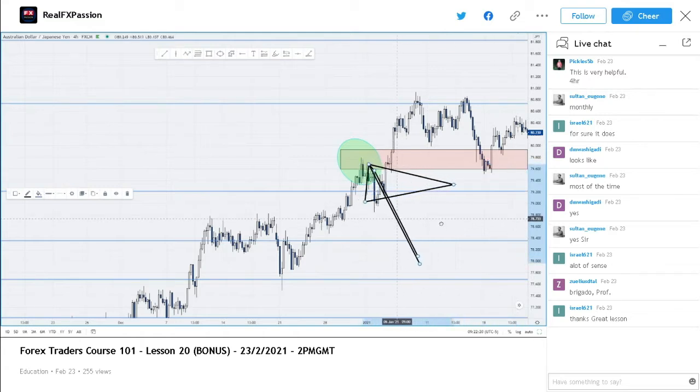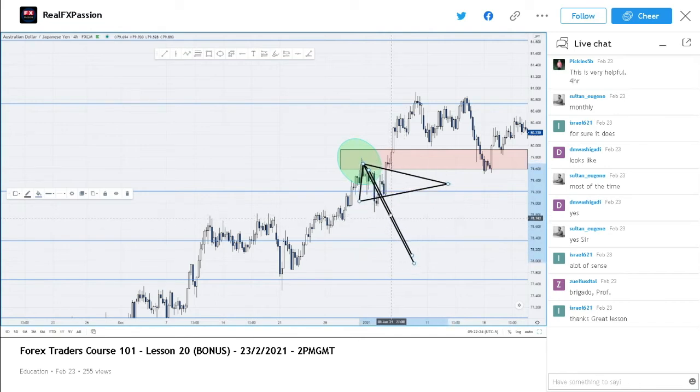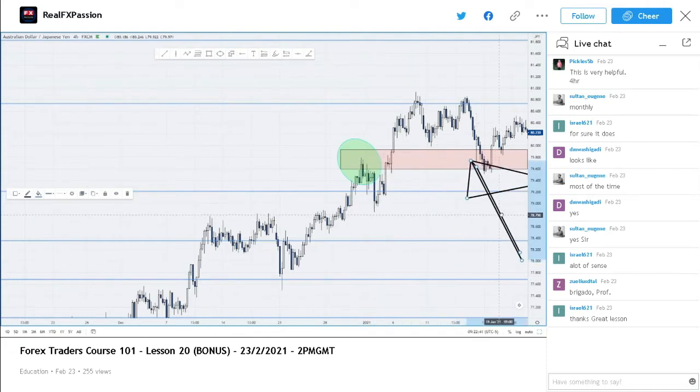Is this high that the market reacted to from the 4-hour chart, or from the monthly chart? You can say yes, it's from the monthly, yes, it's from the weekly, yes, it's from the 4-hour chart.